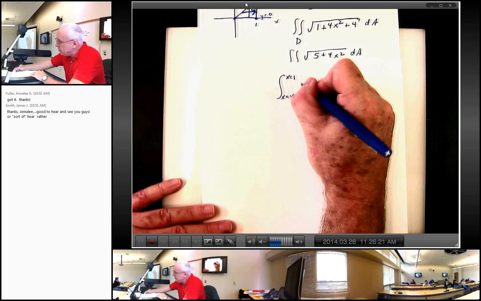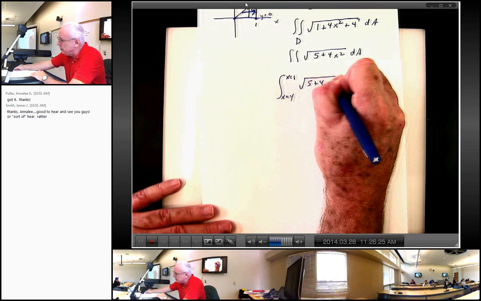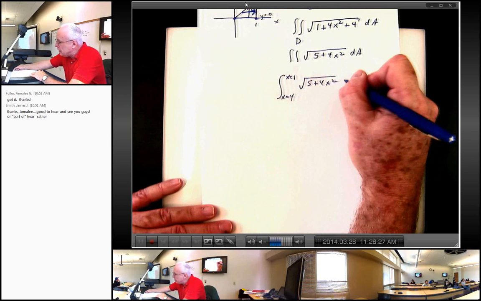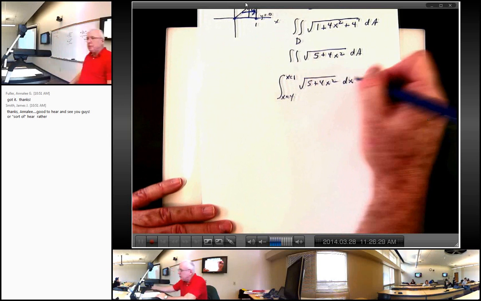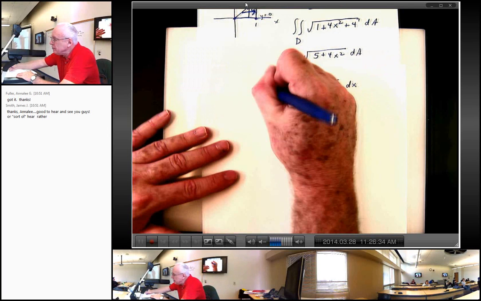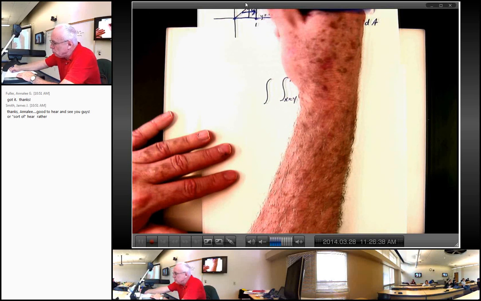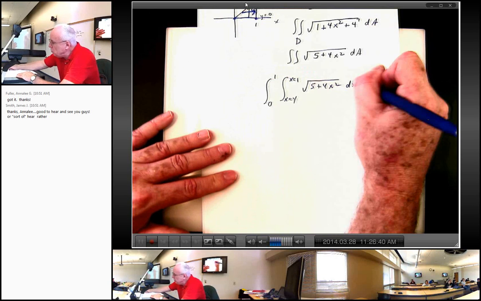Then I have what I'm integrating, which is 5 plus 4x squared. And now I'm going to first be integrating with respect to x. That's my inside. My outside is y going from 0 to 1, dy.